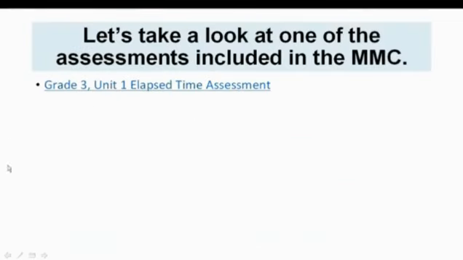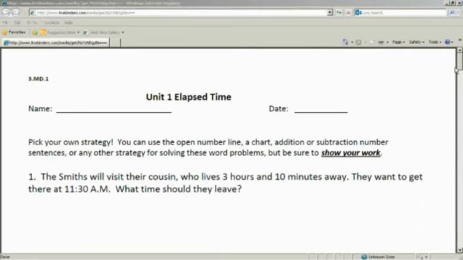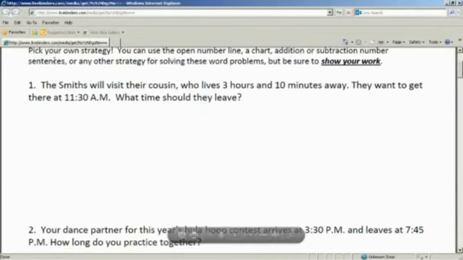Okay, let's take a look at one of the assessments included in the model math curriculum. We're going to look today at an assessment in grade 3, unit 1, elapsed time. And this is a wonderful assessment because, as you can see, there are 2 problems. What I really like about this assessment is that the very first line in the directions is pick your own strategy.